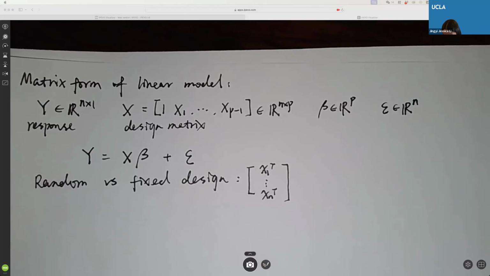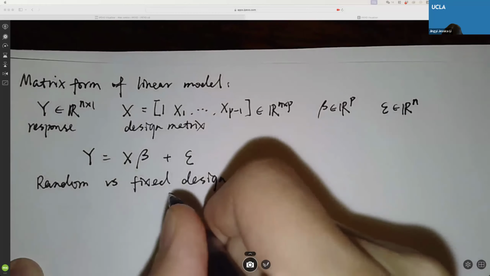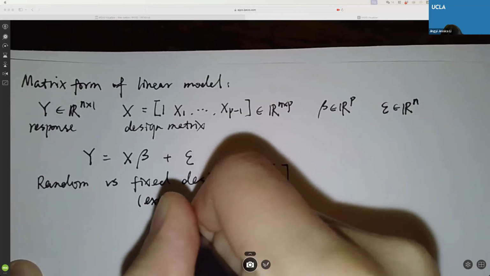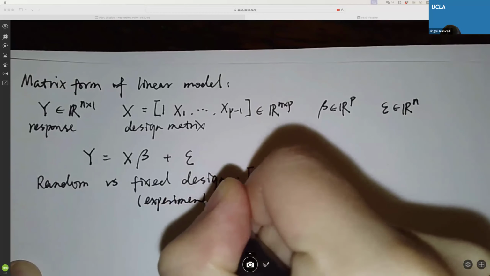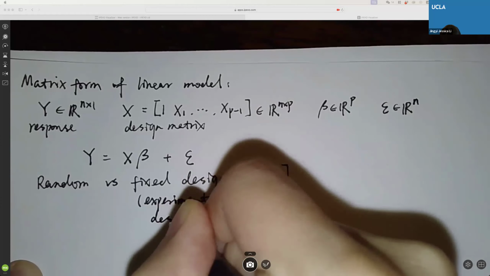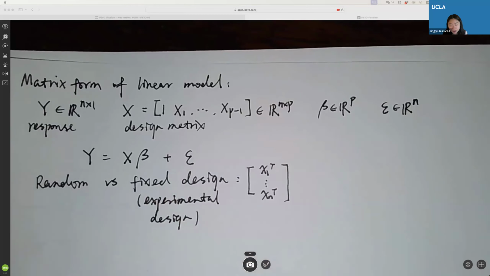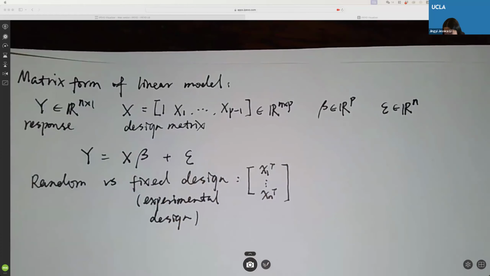So when we say fixed design, which is often the case in the field people call experimental design, I don't know how many of you have taken a class of experimental design before, but this is actually where statistics started as a discipline.